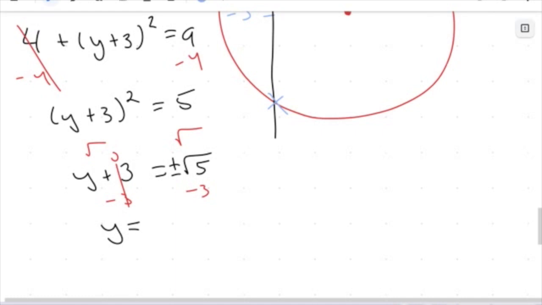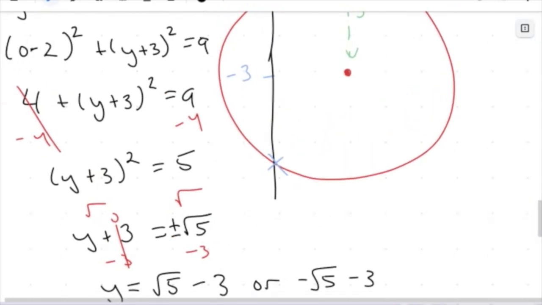So that means that y is going to be equal to positive root 5 minus 3 or negative root 5 minus 3. Those are my two intercepts here.